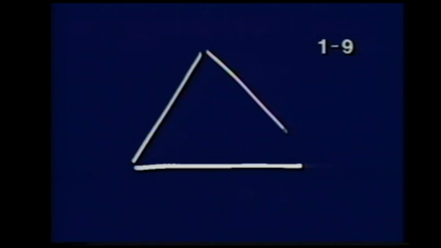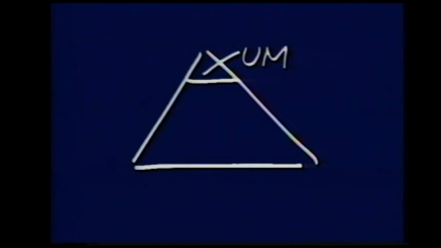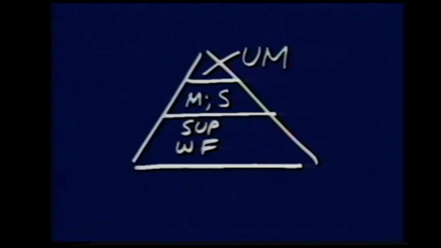Here is a pyramid of organization. At the apex is upper management, the general manager and immediate assistants. At the base are the first line supervisors and the workforce. In between are the middle managers and the specialists.